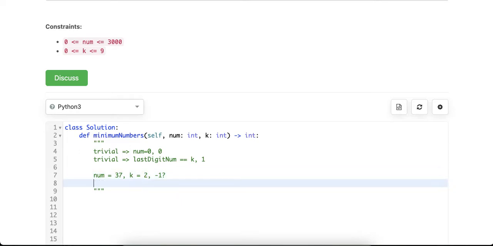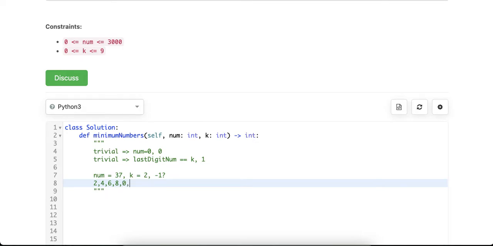So if k is 2, what are the possible last digits that can be created by the number 2? It will be 2, 2 plus 2 is 4, 2 times 3 is 6, 2 times 4 is 8, 2 times 5 is 10. This one becomes last digit 0, right?